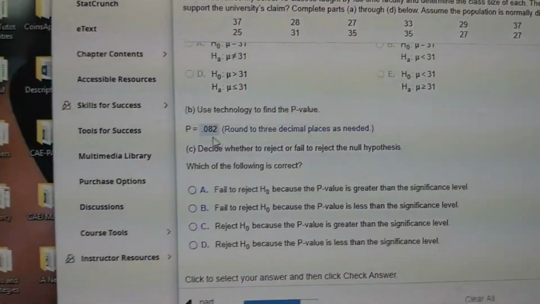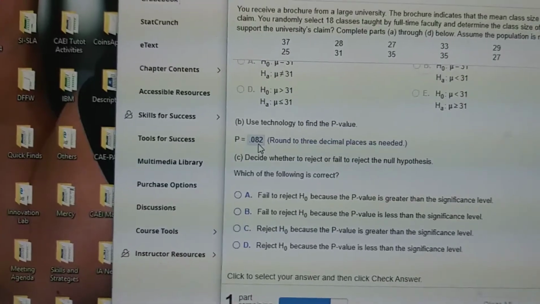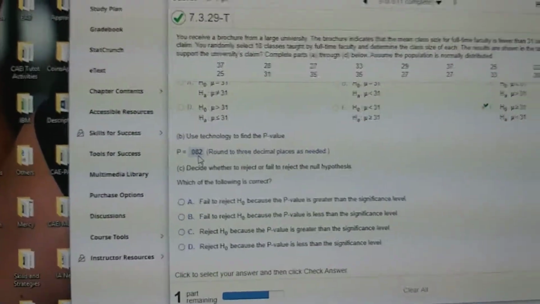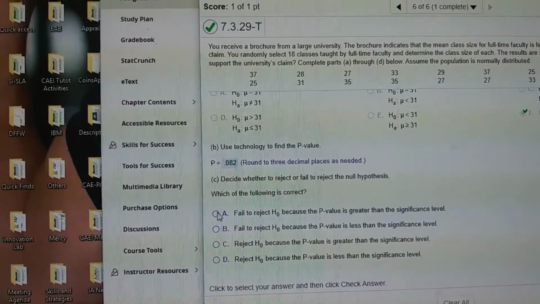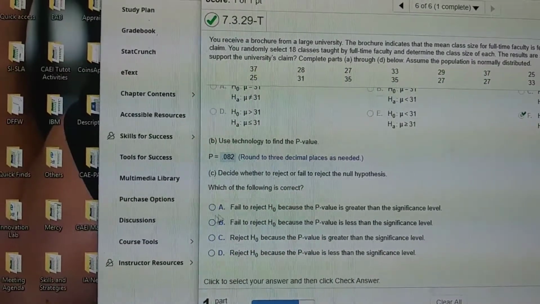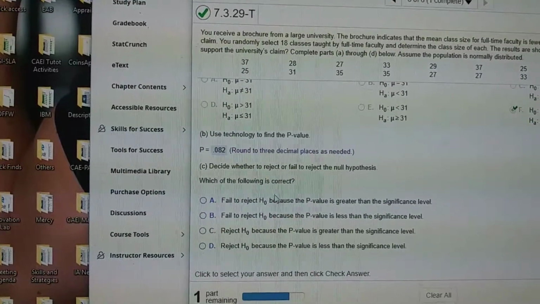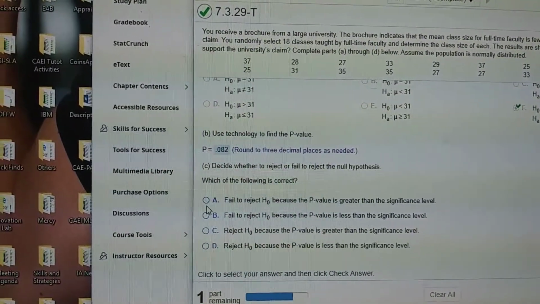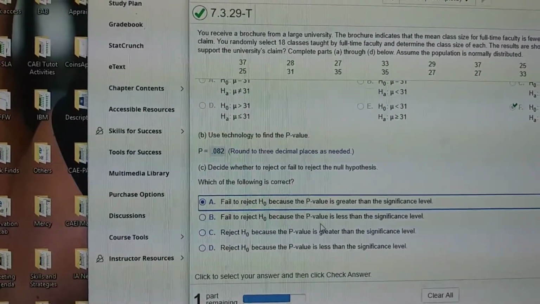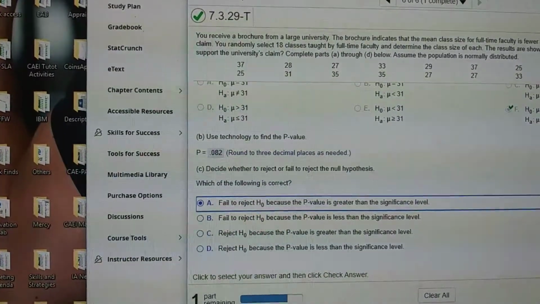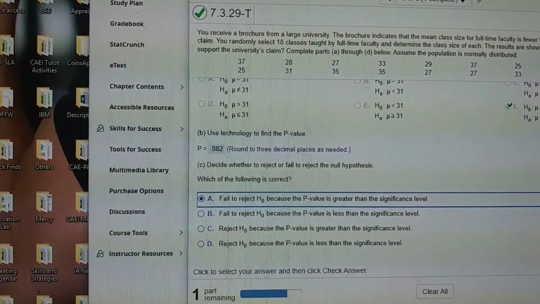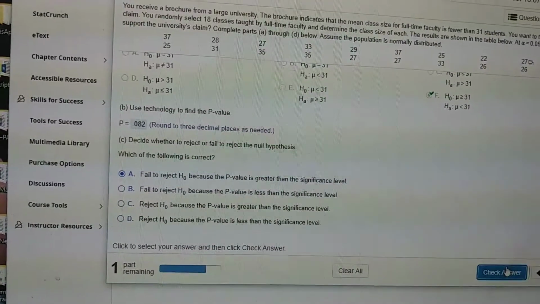So the p-value is greater than alpha, so we fail to reject the null hypothesis, right? So our answer is going to be either A or B. Fail to reject the null hypothesis because the p-value is greater than the level of significance. That's exactly that. Because if the p-value was less than alpha, we would have rejected the null hypothesis. So here we are retaining it.